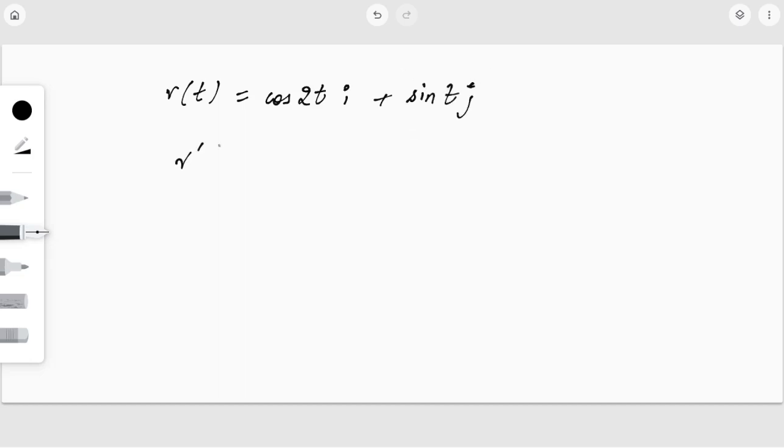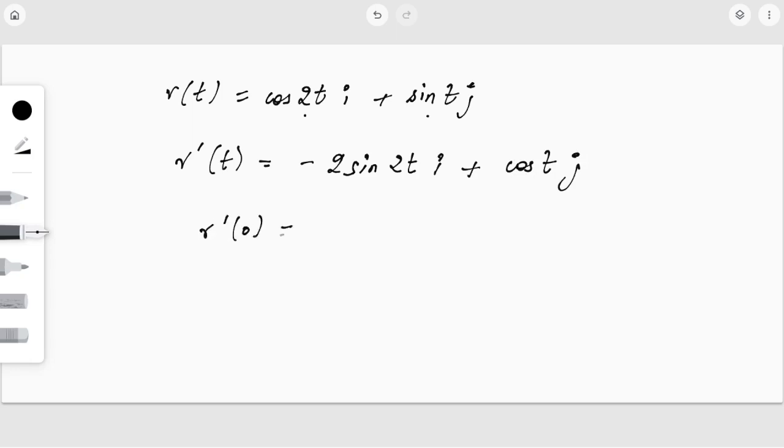So r dash of t will be obtained by differentiating the individual component functions, that is minus 2 sin 2t, which is the derivative of cos 2t, plus cos t j. Now we have to find r dash of 0. Sin 0 is 0 and cos 0 is 1, so this is basically j.